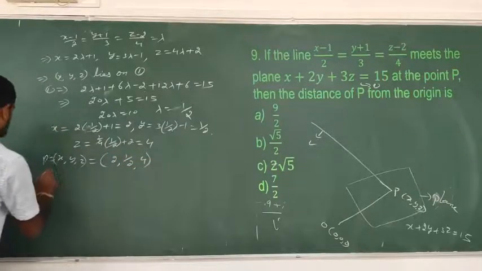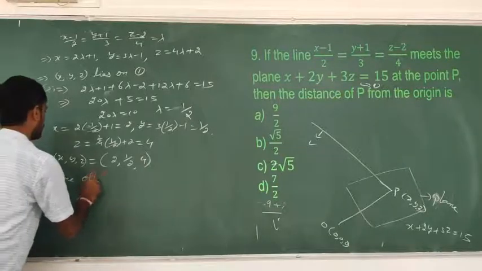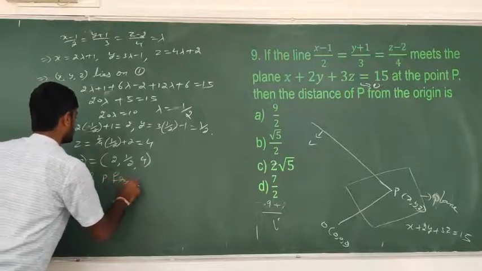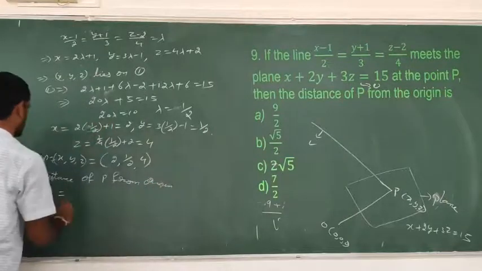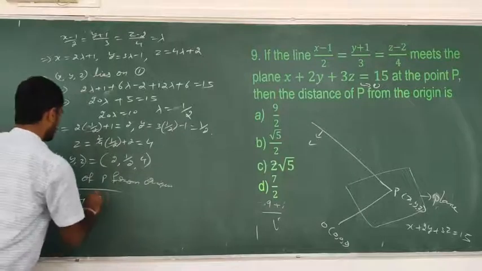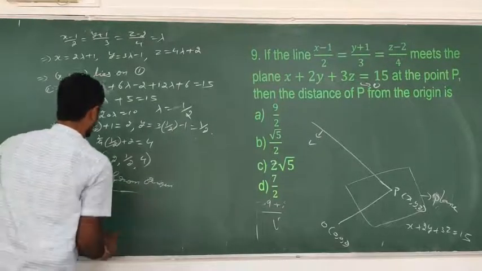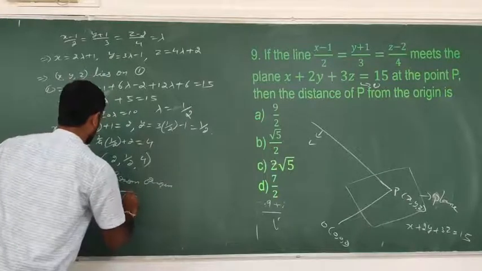Now the distance of P from origin is equal to square root of 2 minus 0 whole square is 4, 2 square that is 4, plus 1 by 2 minus 0 is 1 by 2 whole square, that is 1 by 4, plus 4 minus 0 whole square is 4 square, that is 16.